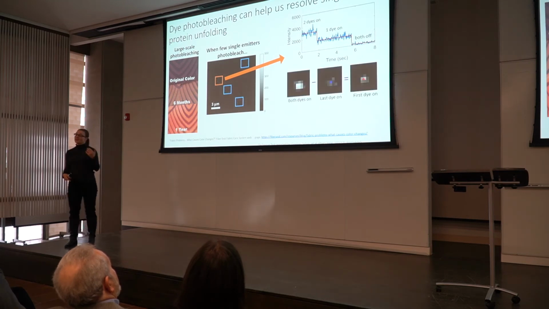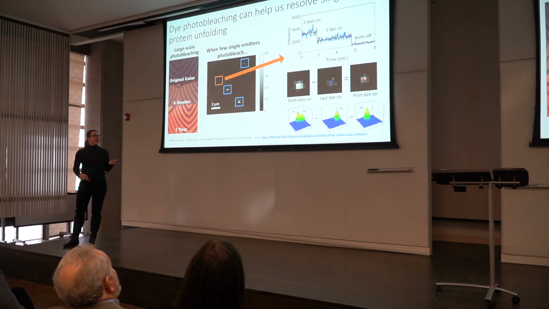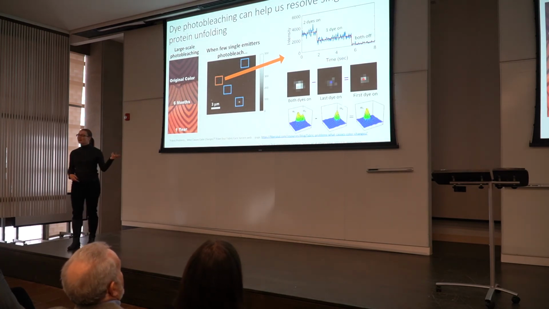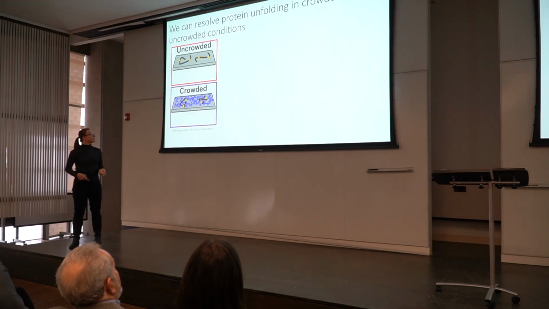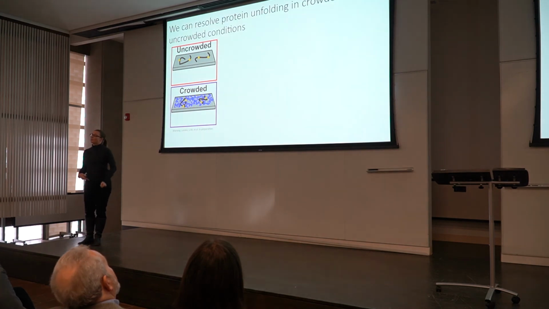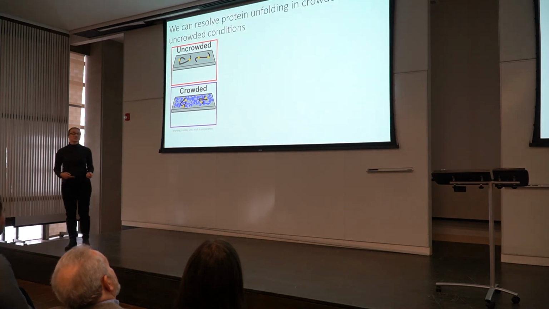We can extract images from these movies, and if we relate that back to our mountain analogy, by doing image subtraction, we can subtract the two mountain image minus the one mountain image to isolate the first mountain that was off. We're able to localize the dyes in the single mountain images, and that allows us to get a distance measurement between the two.